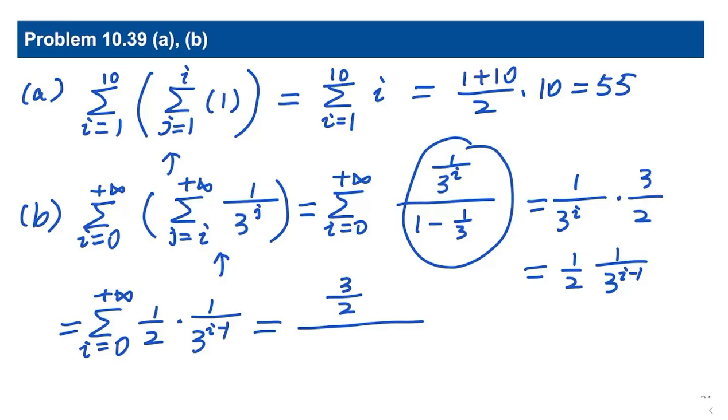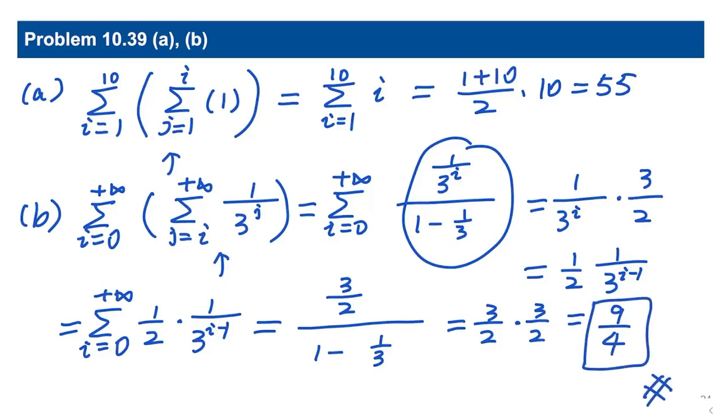The common ratio is 1/3, so 1 minus 1/3. Therefore, we get 3 over 2 divided by 2 over 3. So multiply by 3 over 2, which is 9 over 4. The answer is 9 over 4.